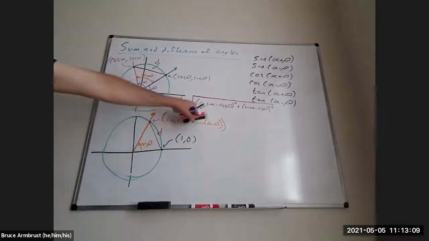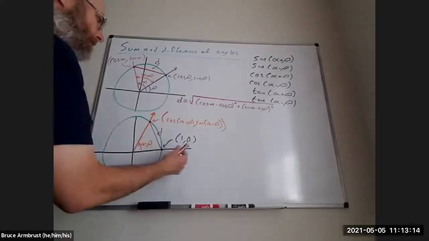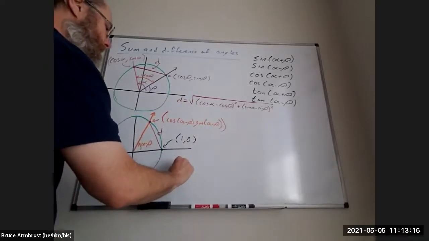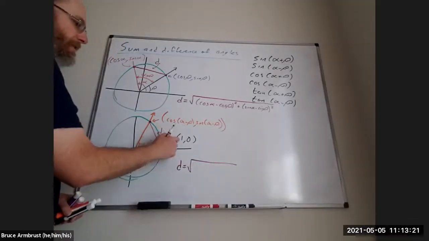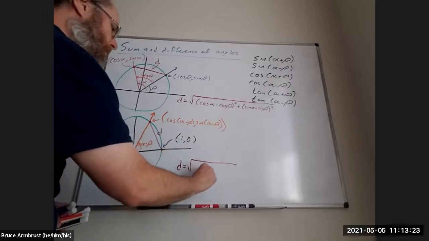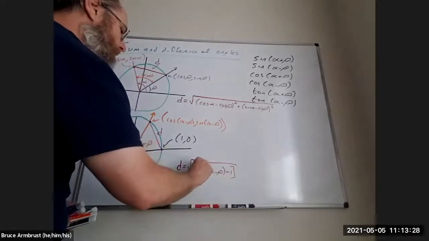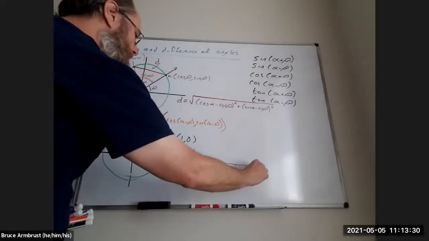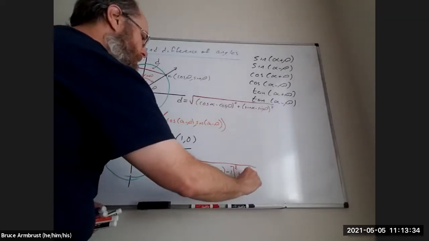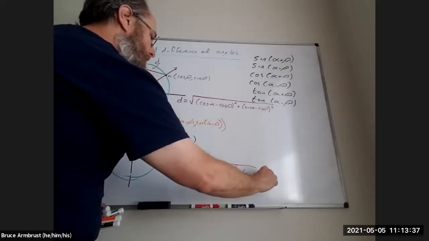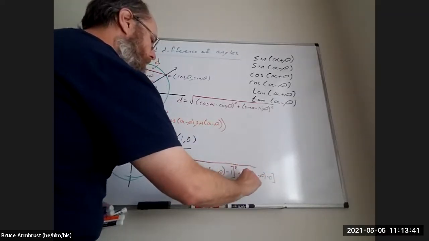All right, well, let's use that same distance formula for these 2 points. So we're going to get D equals the square root of the difference in the x's. So cosine of alpha minus beta minus 1 being squared, plus the difference in the y's, which is going to be sine of alpha minus beta minus 0, that quantity squared.